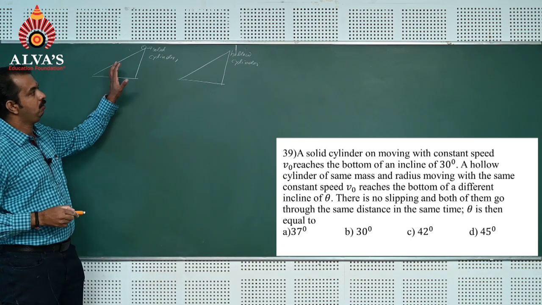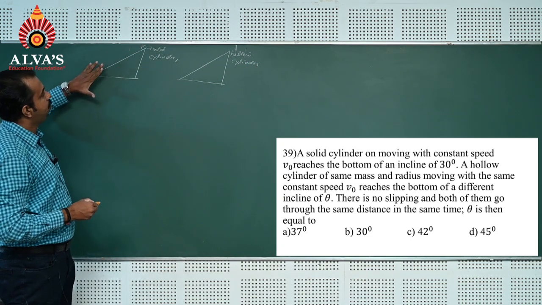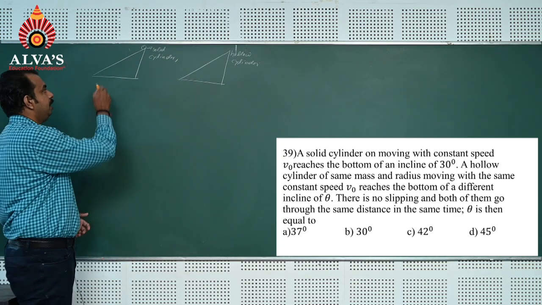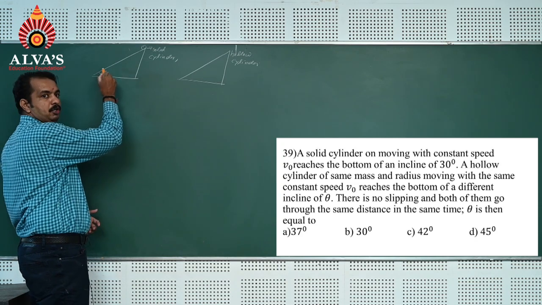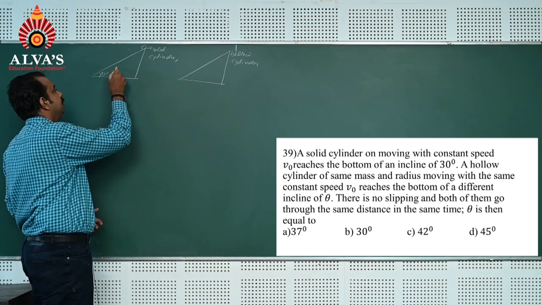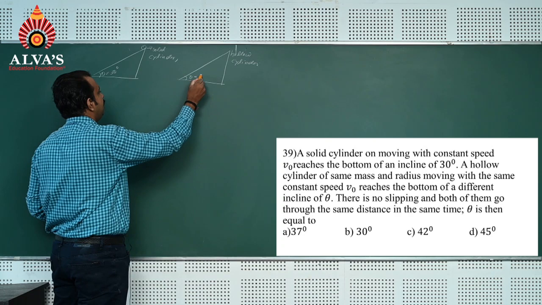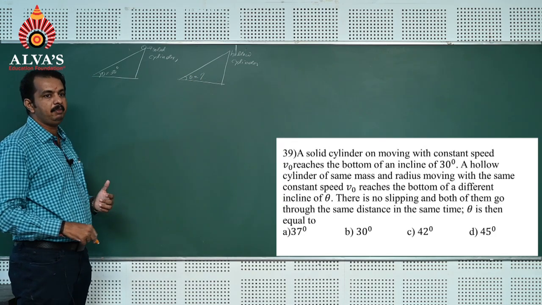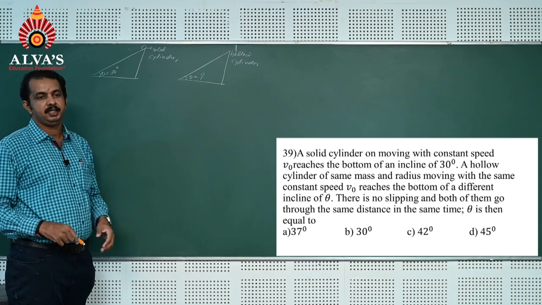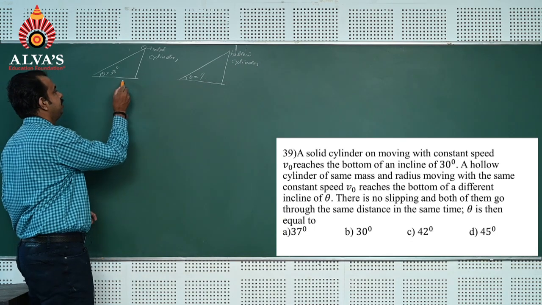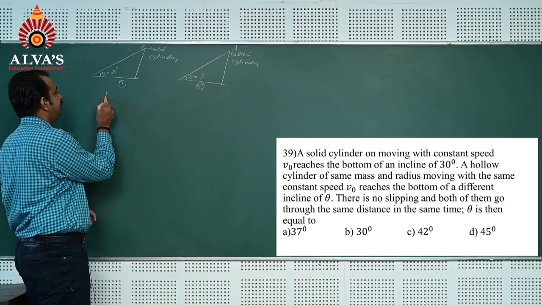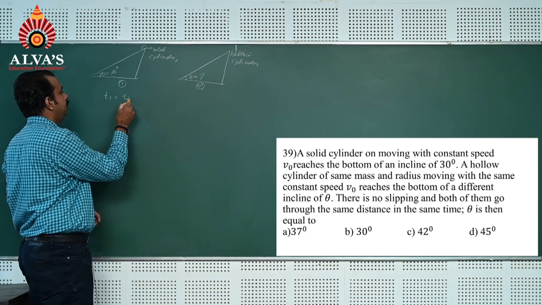Solid cylinder, hollow cylinder, length of inclined plane in both of the cases is the same. In the first case theta is equal to 30 degree. In the second case, theta value is asked. As given in the problem, time taken in both the cases is the same. So I take this as the first case, this as the second case. I write T1 is equal to T2.